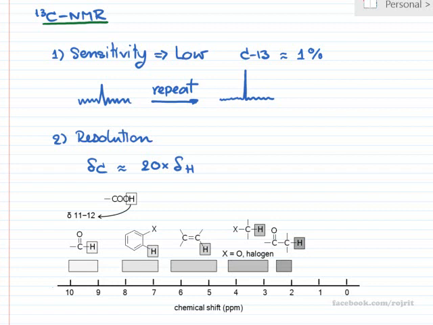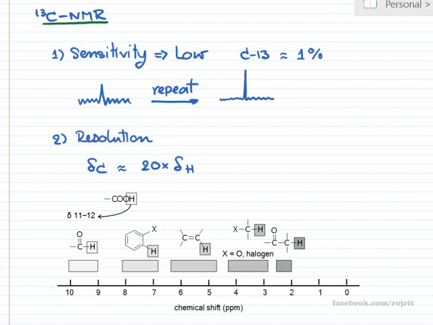Because in proton NMR, the observed proton couples with the neighboring proton, even though there are three chemical bonds separating the two protons. But carbon-13 is only about 1%.